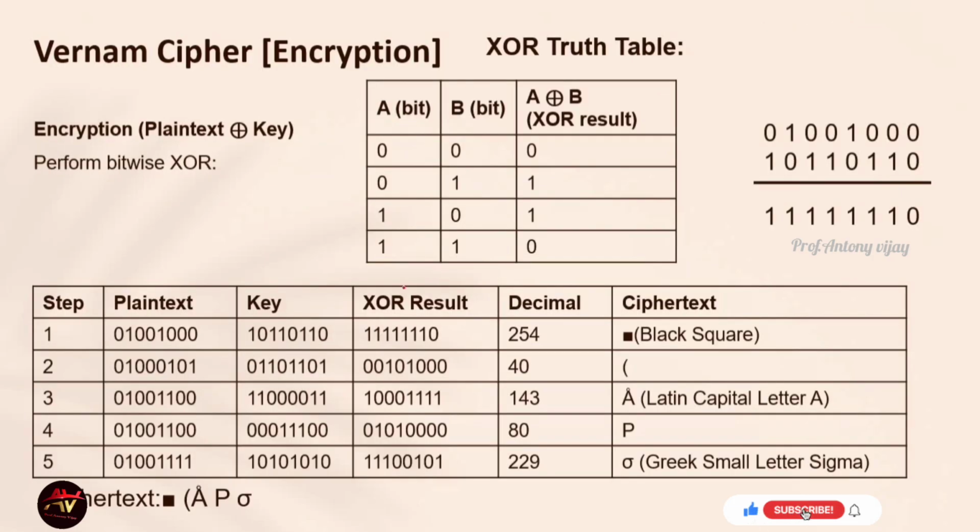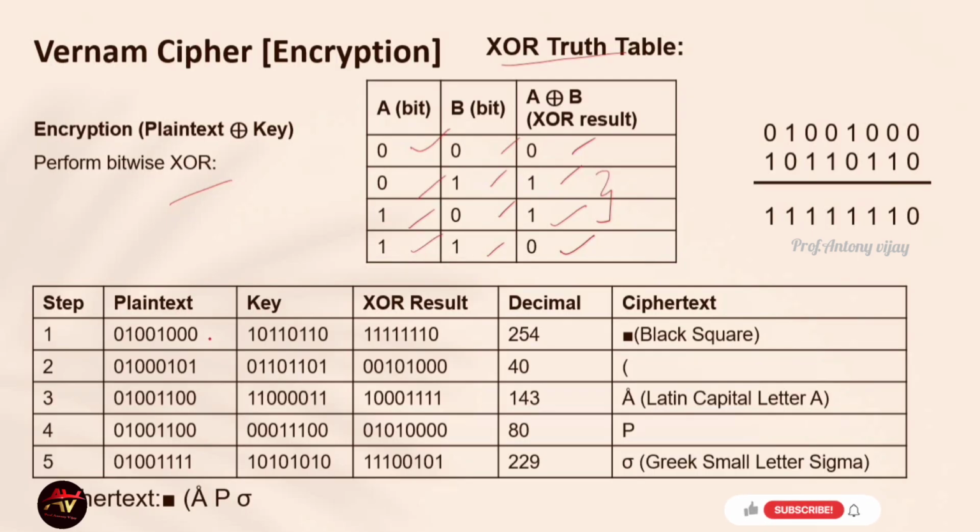Now we are finding the encryption. Here we are following the bitwise XOR operation. When I talk about the XOR truth table, 0 0 will be 0, 0 1 will be 1, 1 0 will be 1, and 1 1 will be 0. So in these two cases you will get 1. Now we have to form a table like this.